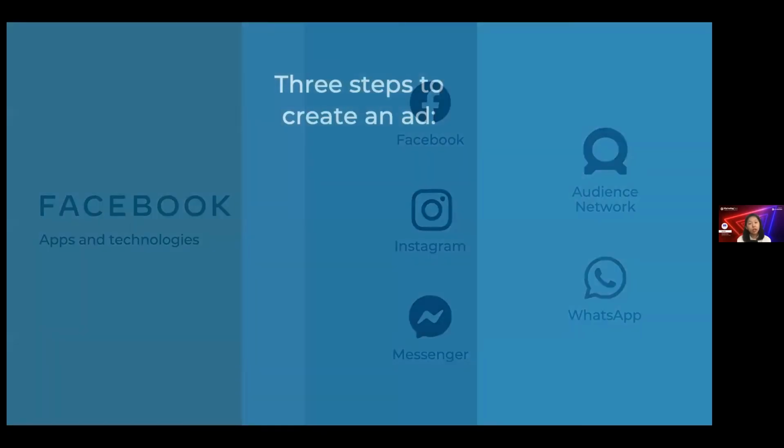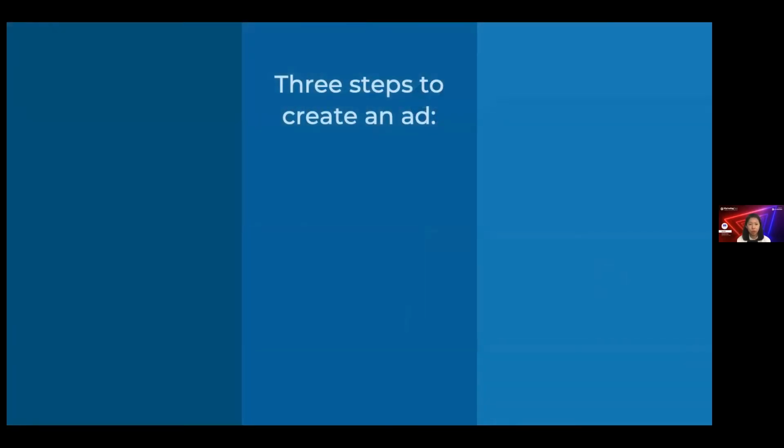Now, there are 3 steps for you to create an ad on Facebook. First things first, why are you running an ad? You must understand what it is that you want to achieve by running advertisements on the Facebook platform. So you need to identify the objective of your campaign that will align with your business goals. We're going to talk in more detail about the different objectives available. There are a total of 11 objectives within the Facebook ads platform, and we're going to go through that a little bit later.